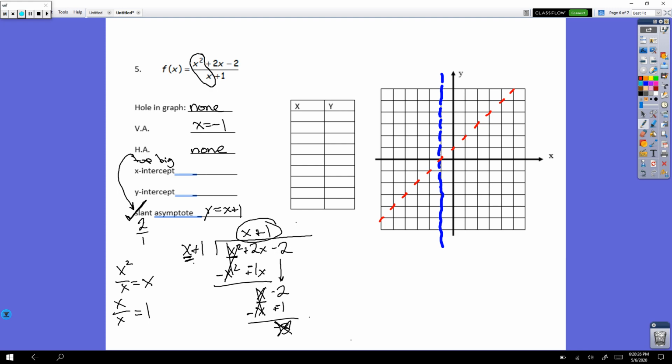So x-intercepts, -2.73 and 0.73. My y-intercept was 0, -2.